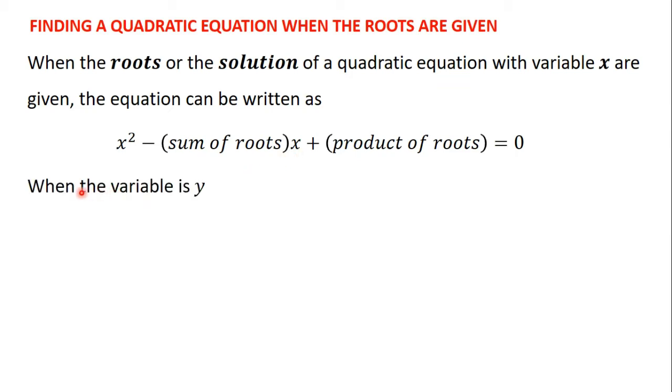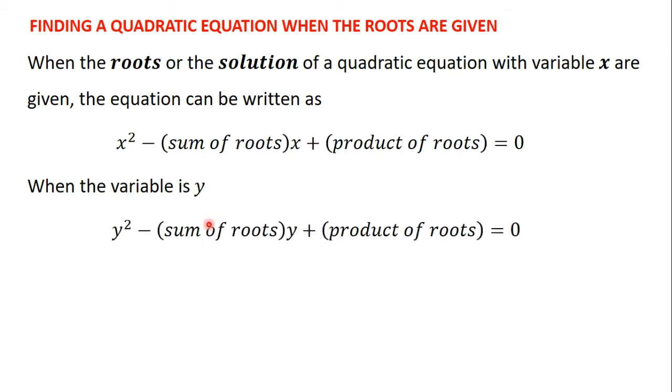So, when the variable in the quadratic equation is y, the equation will be written as y squared minus sum of roots y plus product of roots is equal to 0. So when the variable is y, the variable x here changes to y, as we can see here.